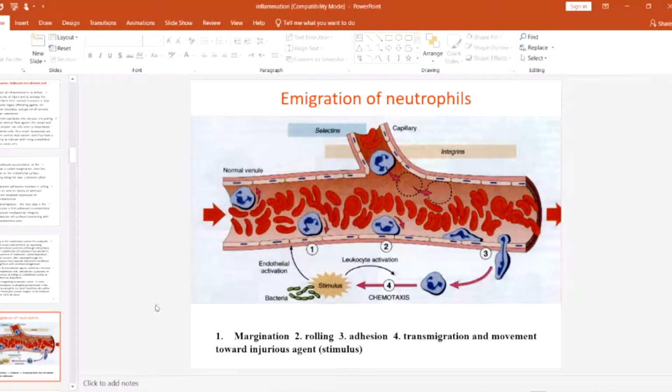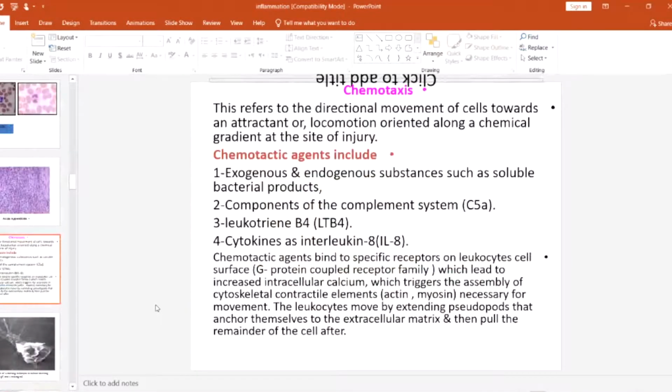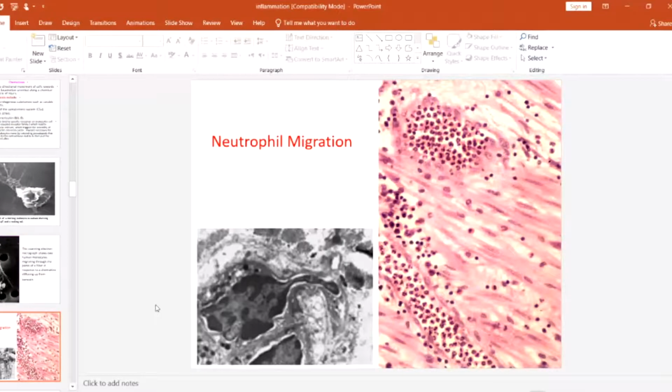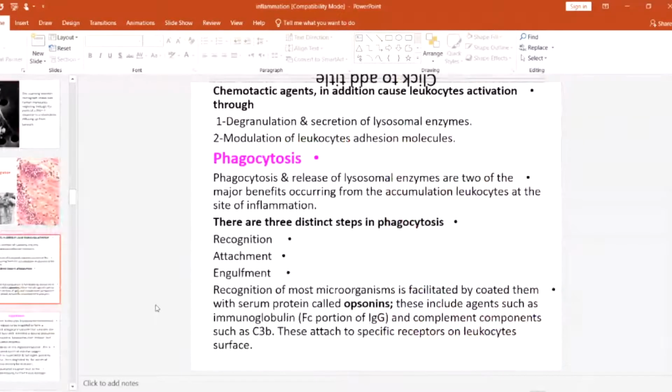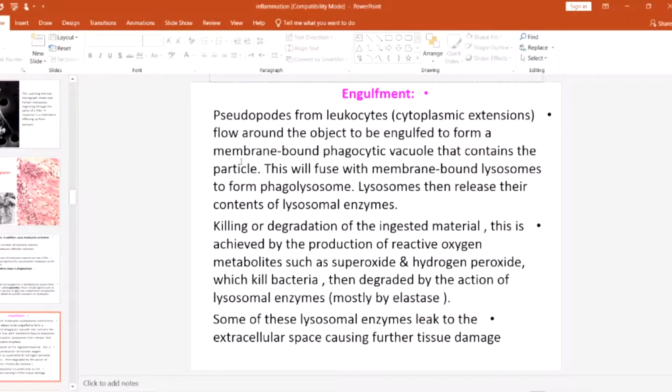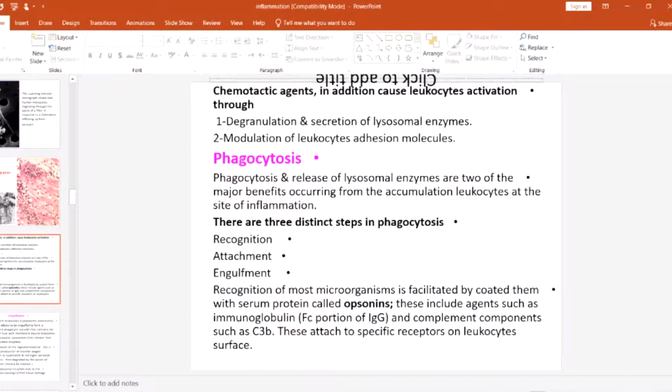Now, this white BC reaches the stimulus, or reaches the site of bacteria. Now, what is the next step? The next step is a process we call phagocytosis. What is phagocytosis?